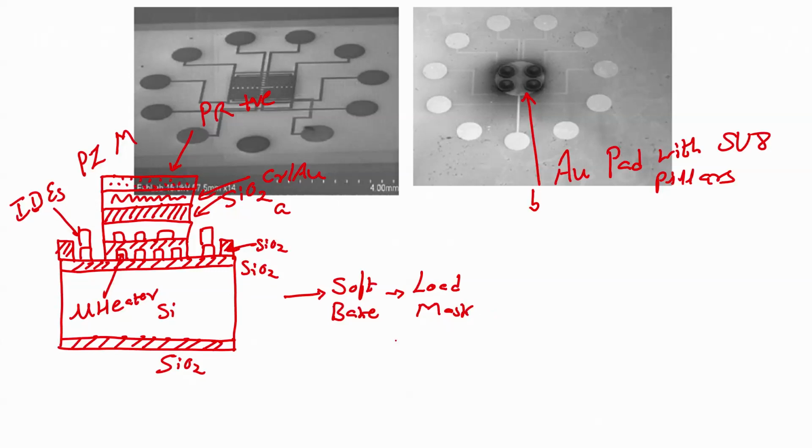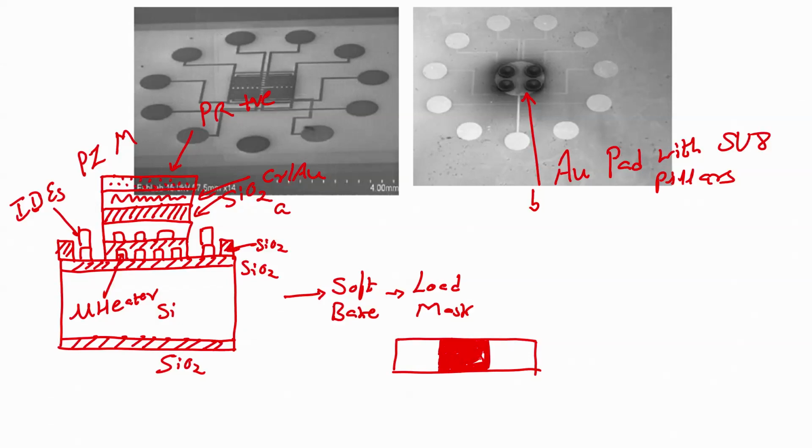How will the mask look? Mask will look like something that I am drawing right over here, right. Mask will save my gold pad on the piezoresistive material, right. It will be directly on pattern on the same area where there are piezoresistive sensors.